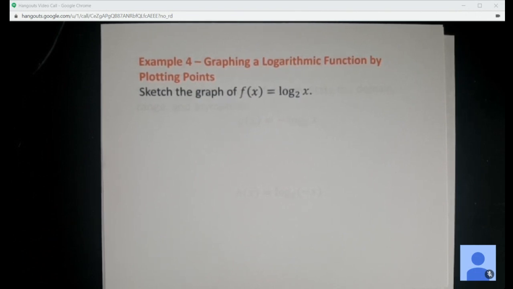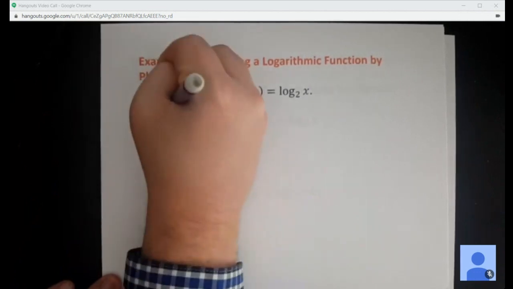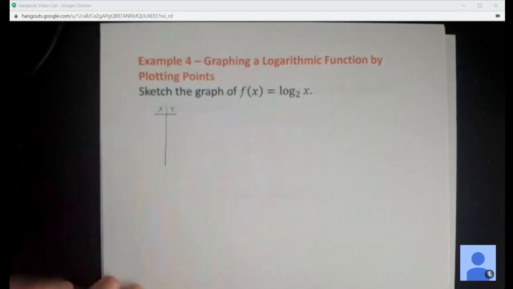So if you're not sure and you don't have access to a graphing tool that will graph it for you, what could we do instead? Make a table. Good. That's what I'm going to do here. I'm going to create a table with some x and y values.